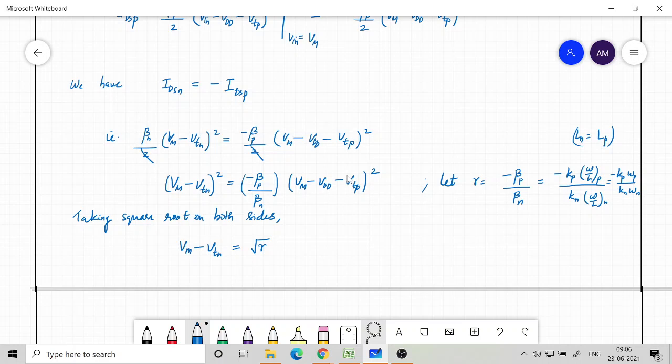If you look at Vm minus Vdd minus Vtp, that is going to be negative because Vm is of the order of Vdd by 2 and Vdd is much greater than Vm. So we need to take the proper sign for the square root, so I will take it like this: Vtp then minus Vm.